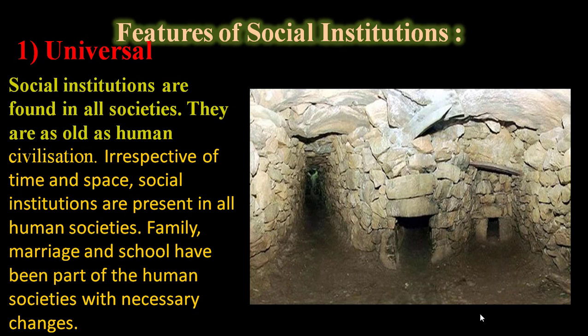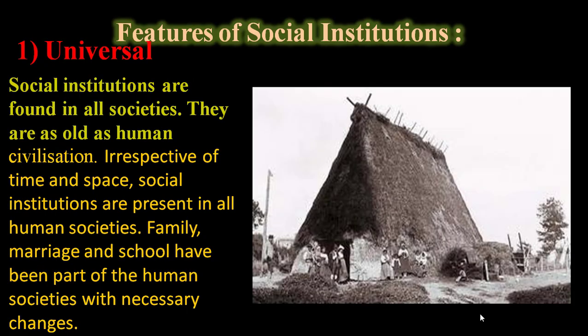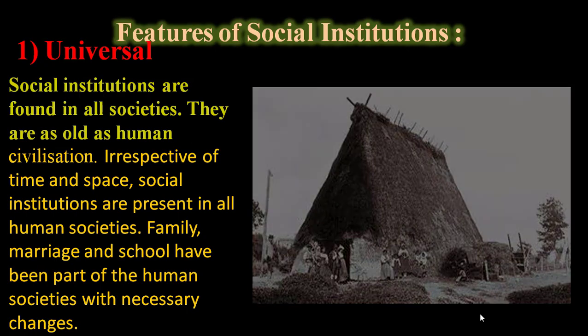Irrespective of time and space, social institutions are present in all human societies. Family, marriage and school have been part of human societies with necessary changes. Though social institutions exist everywhere, based on time and necessities, they have undergone a lot of changes.